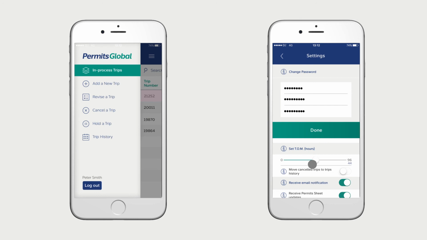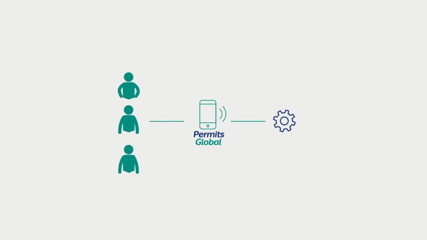You can keep the trip in the in-process trips for up to 96 hours from the last leg's estimated time of arrival. PermitsGlobal has implemented these settings to ensure the application meets the requirements of any user, making the experience both professional and efficient.